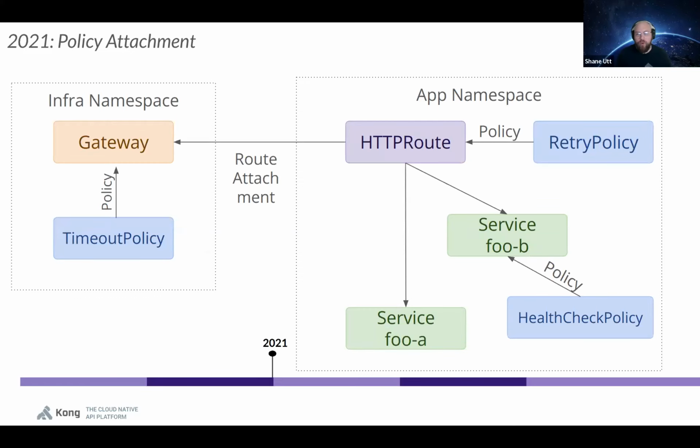Policy attachment has been an interesting one because these aren't specific Kubernetes APIs like timeout policy and health check policy and retry policy that we provide yet. We don't know if we will actually. Instead, it's a reference implementation for people to do these things on their implementations.